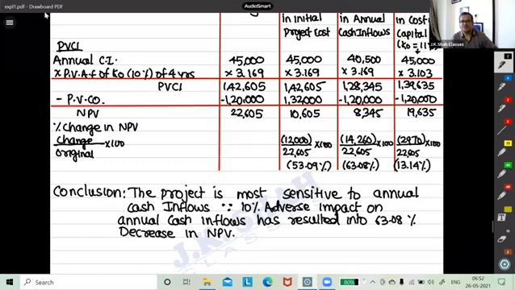Now we are going to talk about a method that is called scenario analysis. Sensitivity analysis and scenario analysis, people sometimes get slightly confused, but let's be very clear about it.